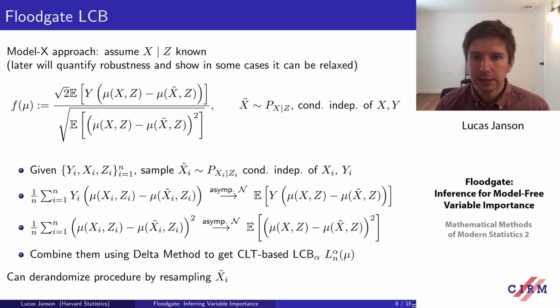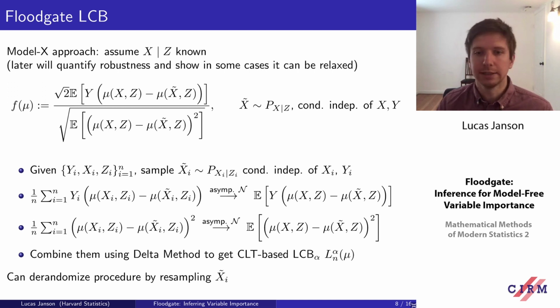Now, you may notice that because I only sampled x tilde i once for each i, there's some randomness in this procedure. If I repeated this procedure, I would actually get a different result because I'd get different x tilde i's, even on the same data. But it turns out, unlike some other Model X procedures, it's actually very easy to de-randomize this procedure.